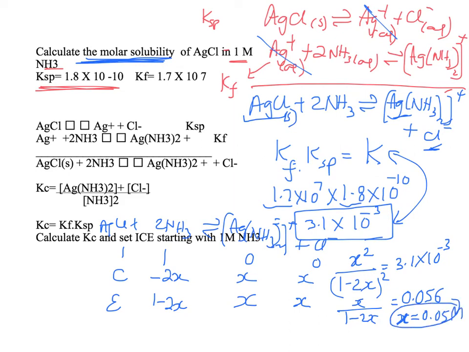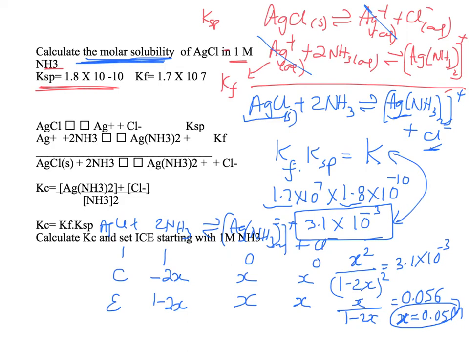So that tells me that the molar solubility of AgCl equals the molar concentration of silver in the solution. And because of the stability of the diamine complex, most of the silver is going to stay as the complex ion, and that will also be equal to the concentration as well as the molar solubility, and will be 0.05 molar.